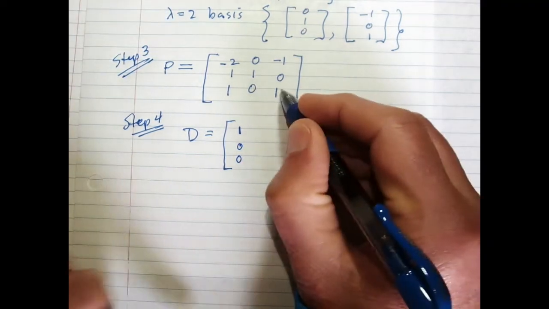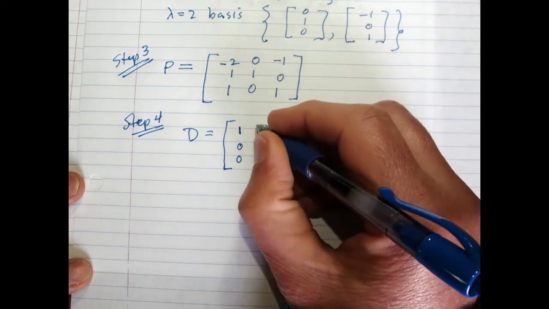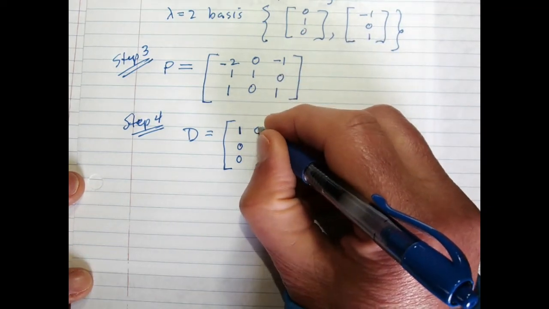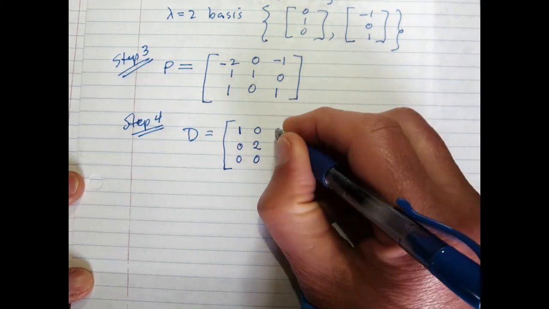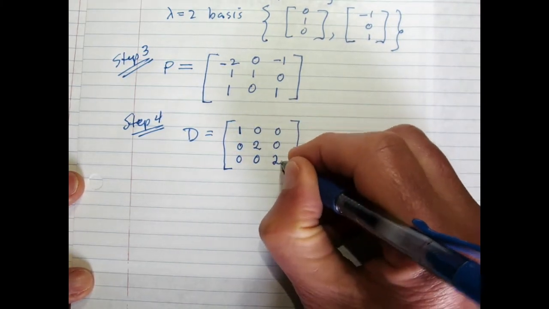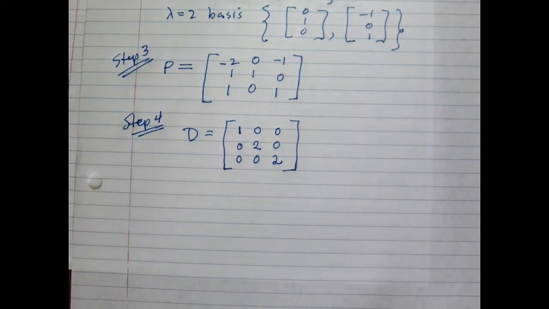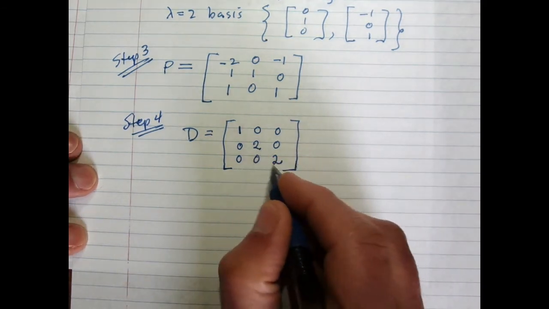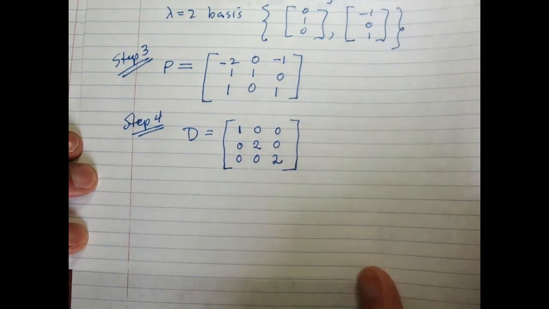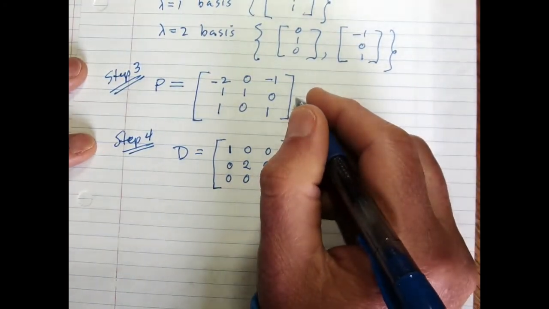Then the next 2 P columns came from the basis for lambda equals 2, so I need to put a 2 again on the diagonal, and I get another 2. That reflects the fact that we had multiplicity 2 for that lambda equals 2 eigenvalue. And again, P has to be invertible.